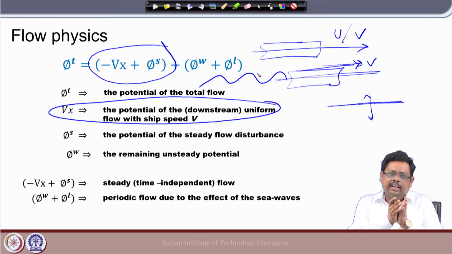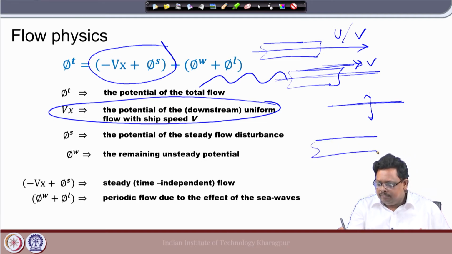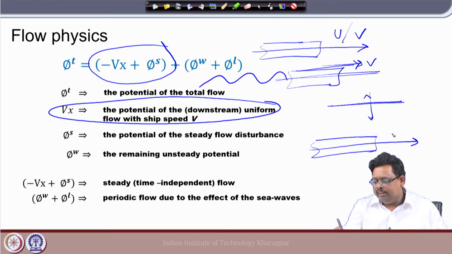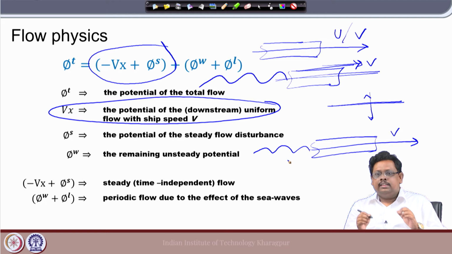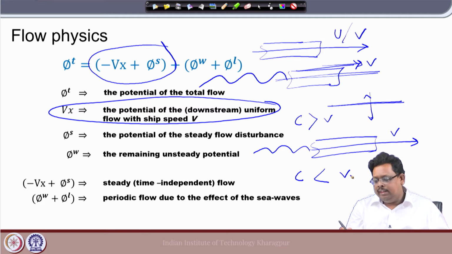Now, you see that if you have a ship traveling forward with a velocity v, that generates a lot of waves at the downstream. Now, some of these waves have a velocity, or you can say celerity c, which is greater than v, or let us take, it is not possible, some c is less than v, and possibly there are some waves whose velocity c is equal to v.